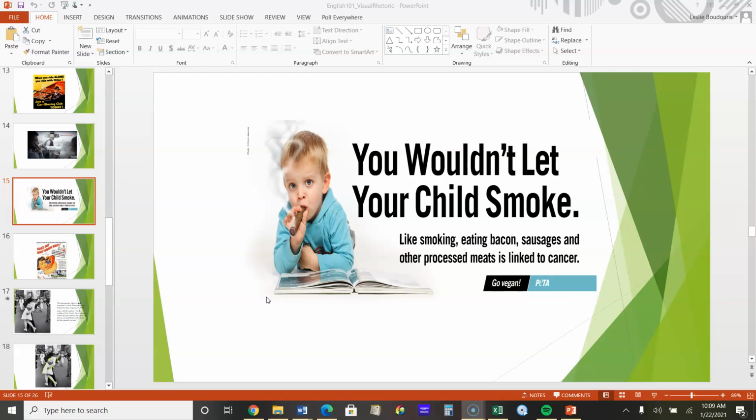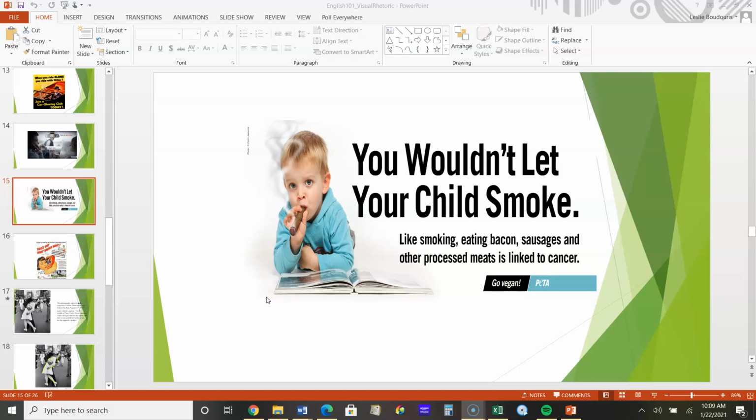But there's logic here. It's like smoking, eating bacon, sausages, and other processed meats is linked to cancer. A lot of times when I talk to students in the classroom about this image, they say that it's logic that doesn't make sense, and so it's failed logic because they're trying to equate smoking to eating meat in terms of cancer.